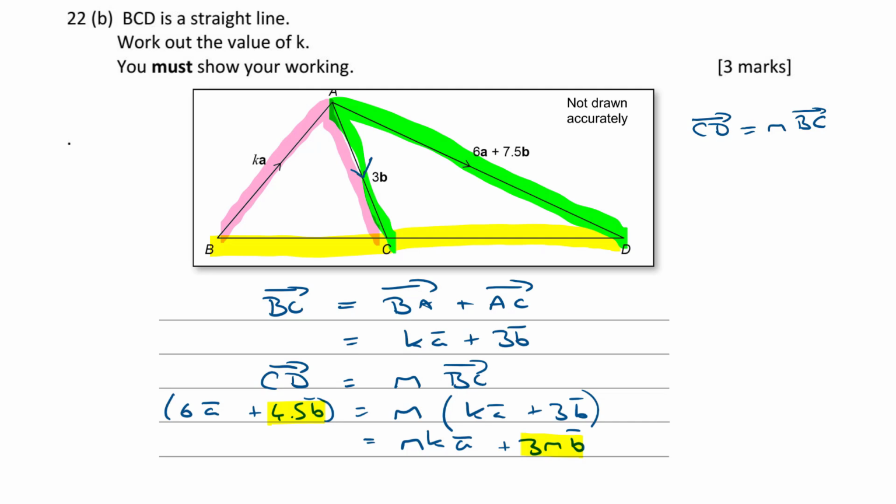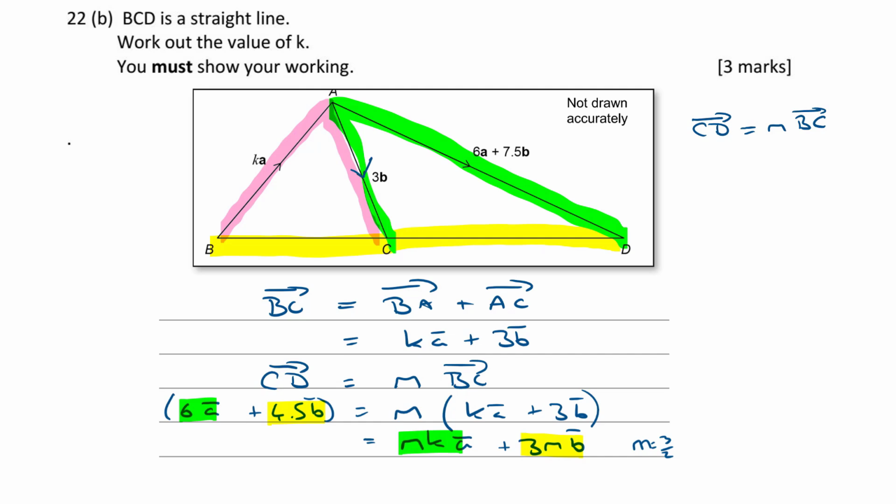So what does that make m? 3 times what is 4.5? That makes m 1.5 then, doesn't it? If I times 3 by 1.5, I'll get 4.5. Okay, so then m must be 3 over 2, 1.5. And if m is 1.5, then I can say that my 6 from 6a must be equal to m lots of k.